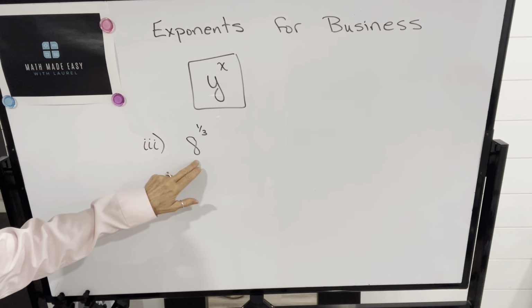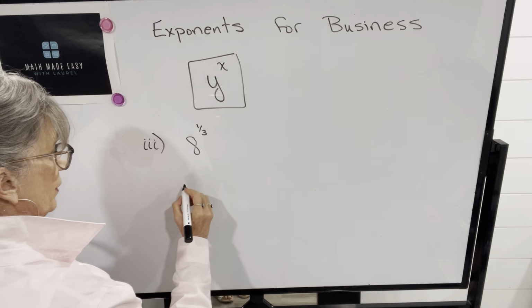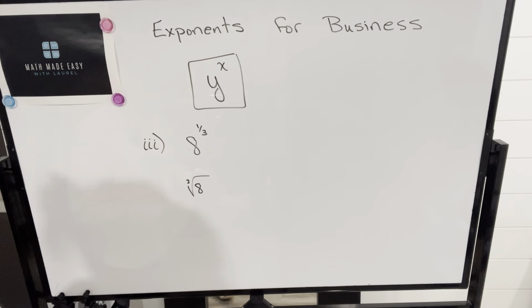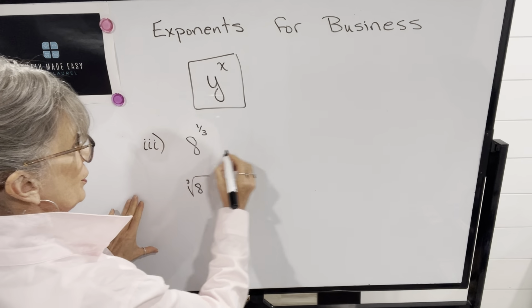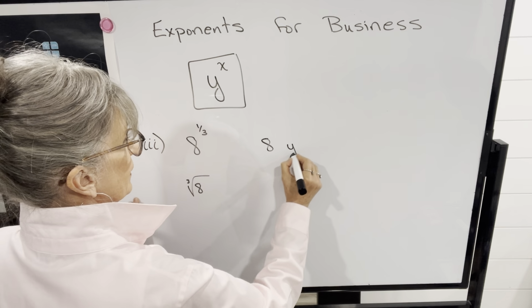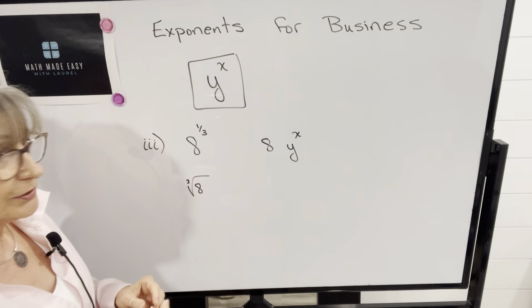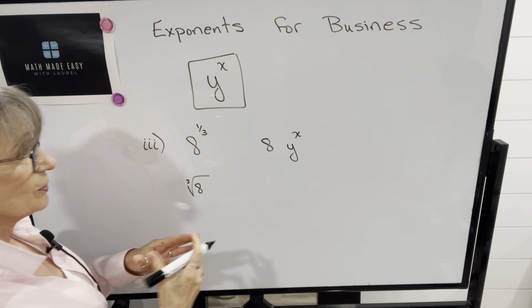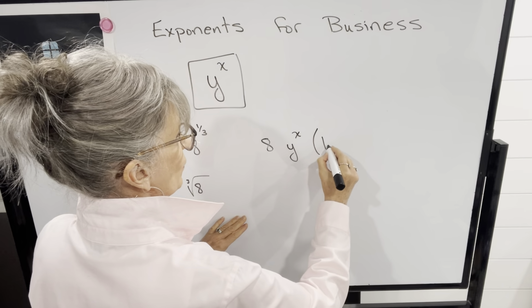Our next example is 8 to the 1/3, which we know according to our rules of exponents is the cubed root of 8. And to do that on your calculator, enter your base of 8, then enter y to the x, and then you need to enter 1/3. It's very important that you use brackets to express 1/3 as 1 divided by 3.